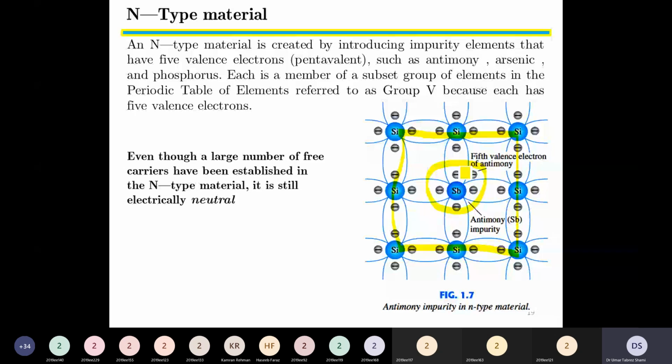Out of these 5 electrons, 4 electrons make covalent bonds with adjacent silicon atoms, whereas one electron belonging to the antimony atom remains vacant, or does not form any covalent bond. And this we say is an electron that is available for conduction.